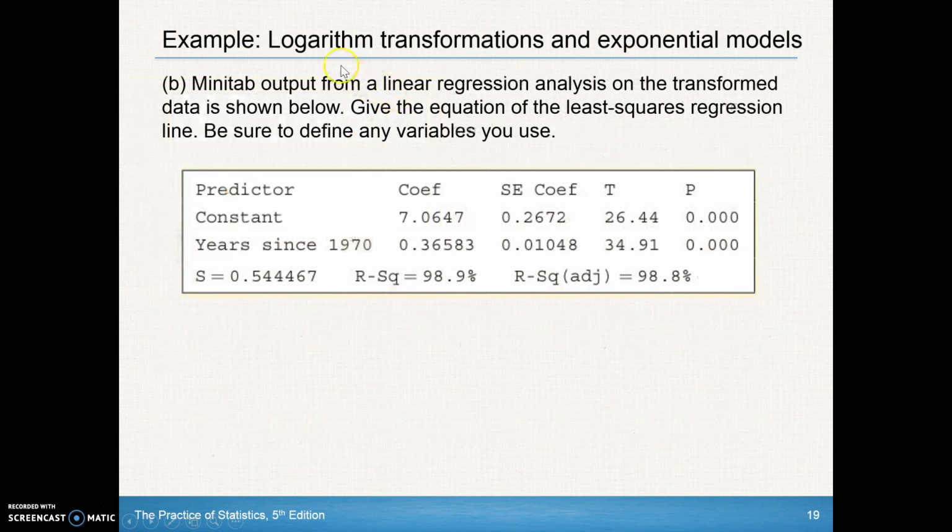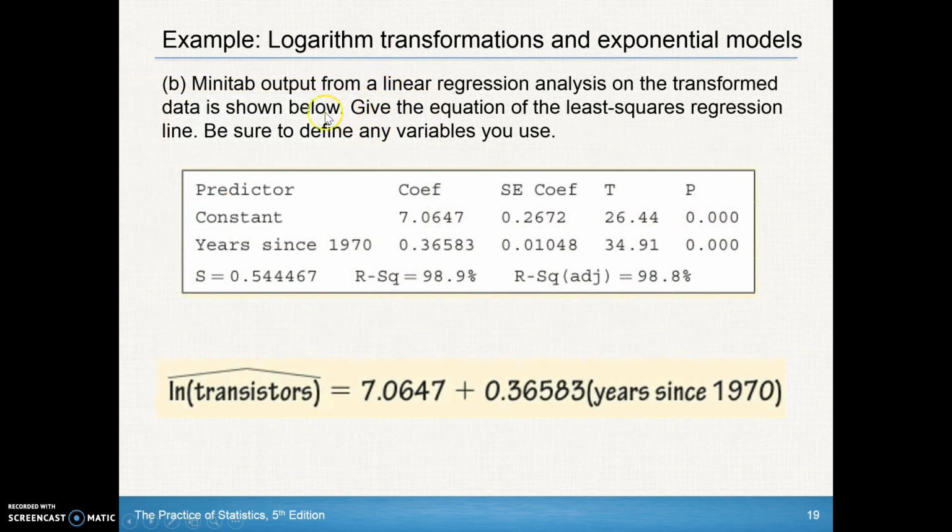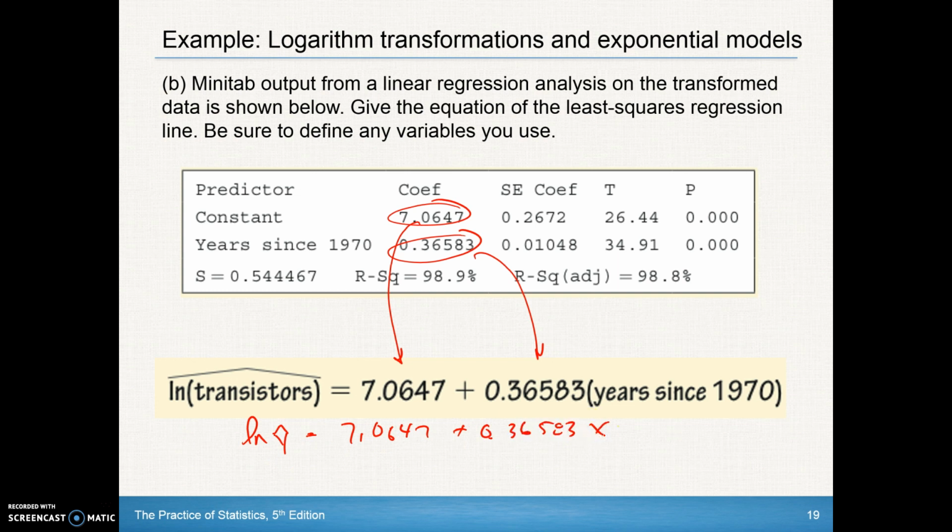So here's some of the data from a Minitab output. So we can create our equation, and since we just took the natural log of the y's, here's still our a value, our slope, and now remember we didn't do anything to the x's, so that's still just x. So we could say this is natural log of our y hat equals 7.0647 plus 0.36583x.